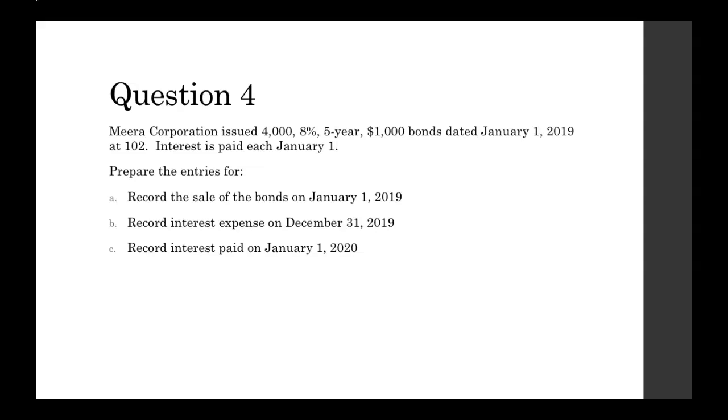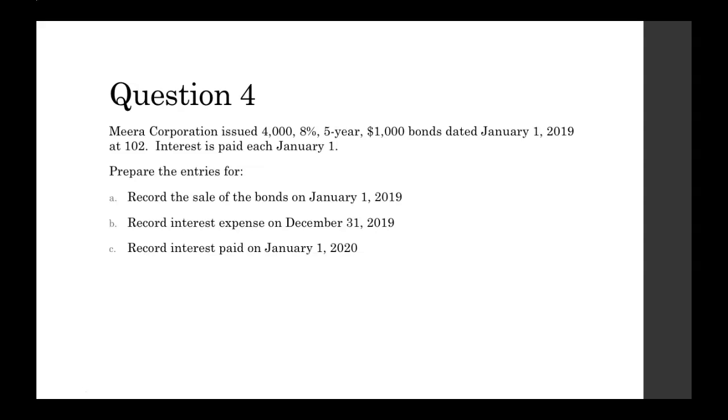The 1,000 is the face value of each individual bond. So each of the 4,000 bonds are worth $1,000. So in total, all of these bonds are worth $4 million, right? If we take 4,000 times 1,000, we'll get 4 million.